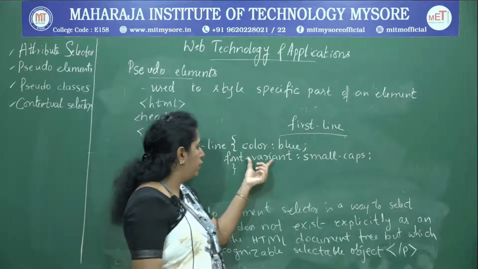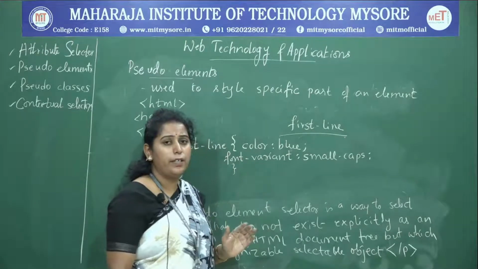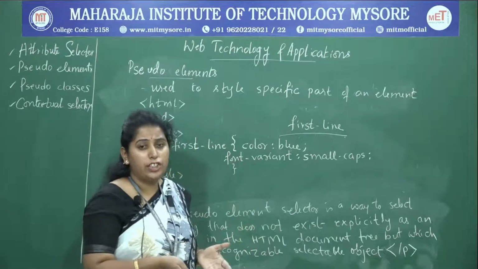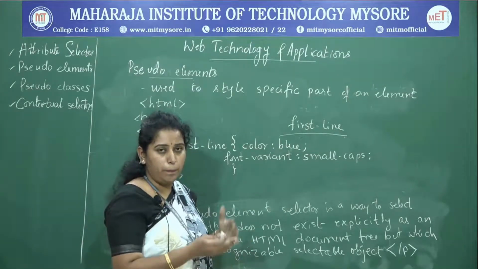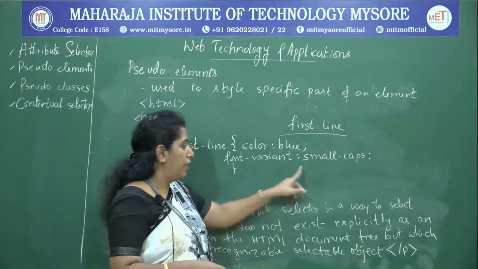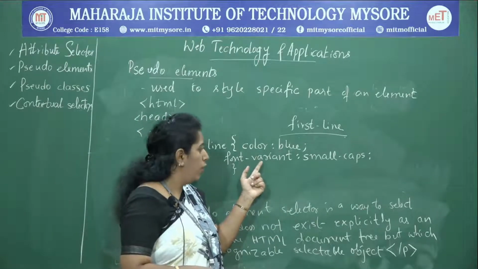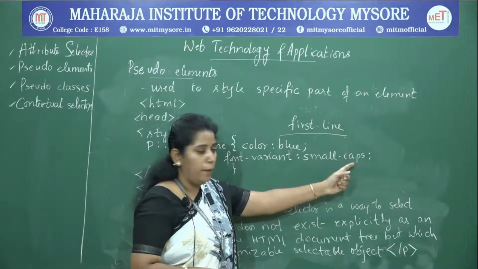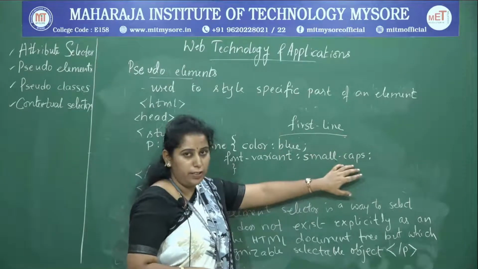Now I am introducing font variant. Font variant means if you want to change the cases, for example from lowercase to uppercase or uppercase to lowercase, you can make use of a property called font variant. Here small caps means that you are converting smaller letters to capital letters.